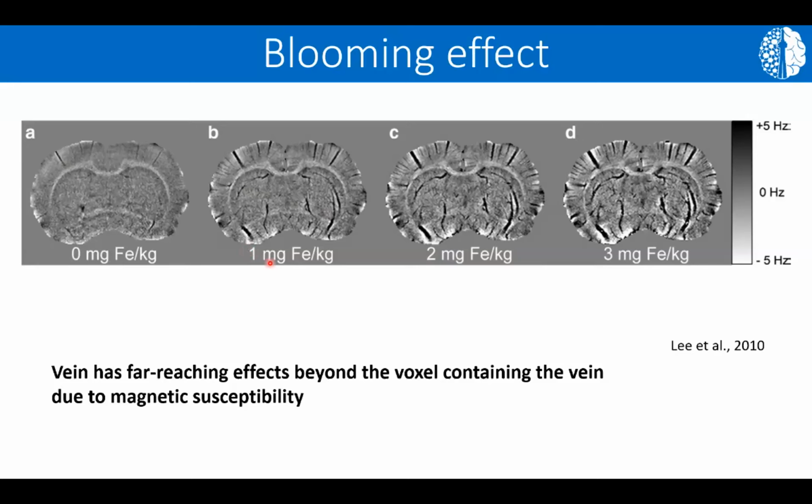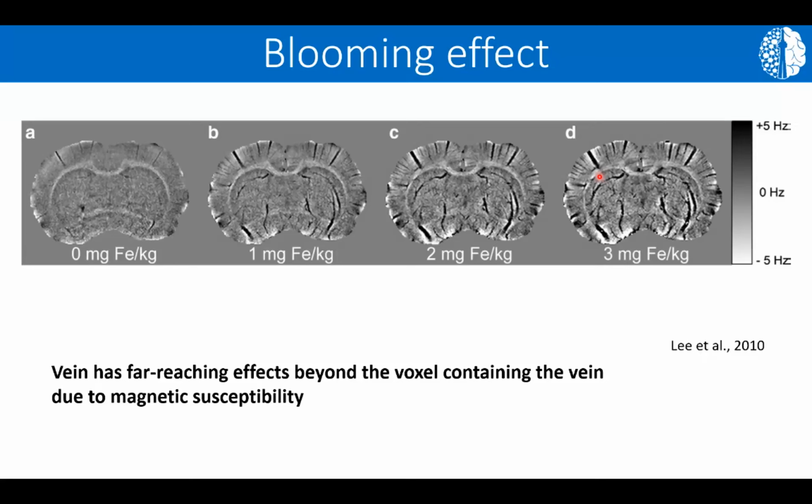But if they then injected a different amount of iron, this line looks much broader. And then there's also a dipole effect, so you have an increase in signal. So you have a complex effect, which means the vein, if you inject the contrast agent, that's already known in the clinic. If you inject gadolinium, blood vessels look larger after injection of gadolinium.